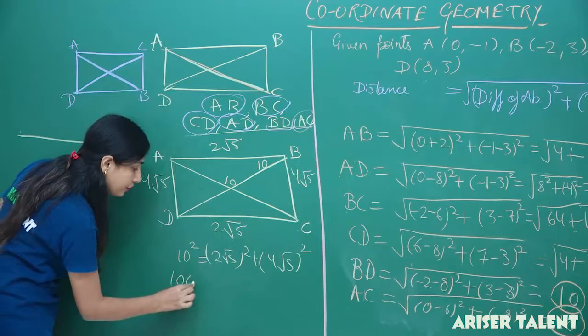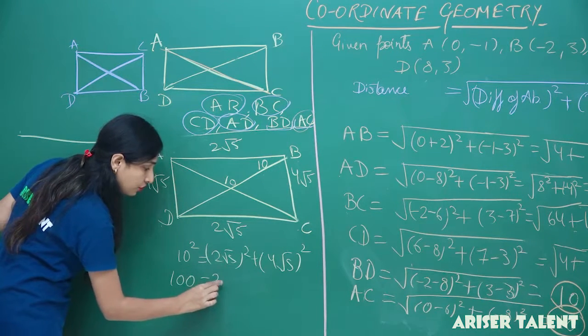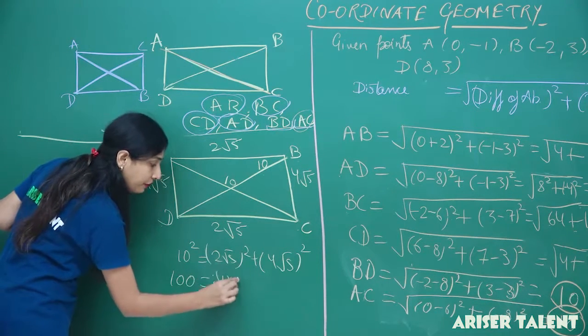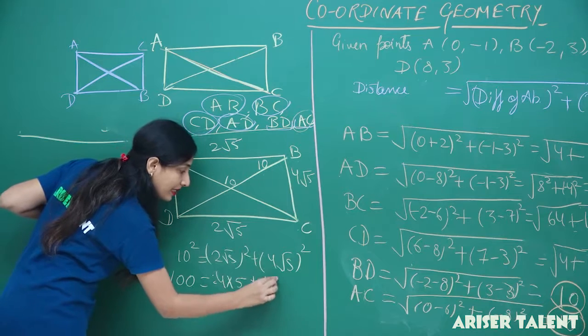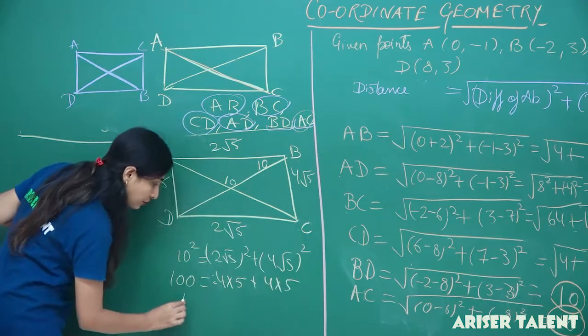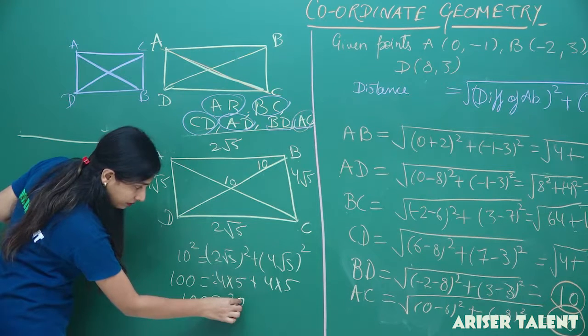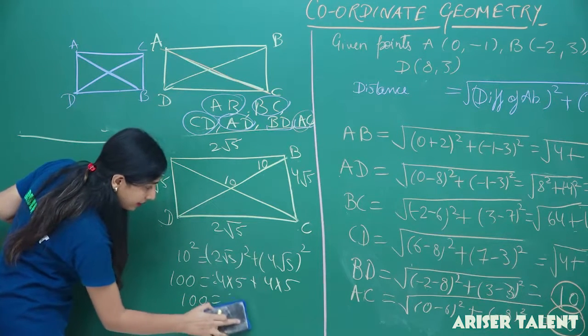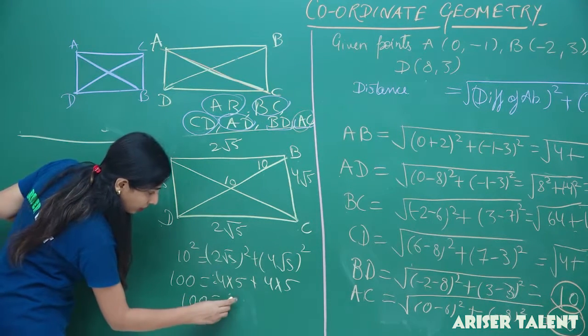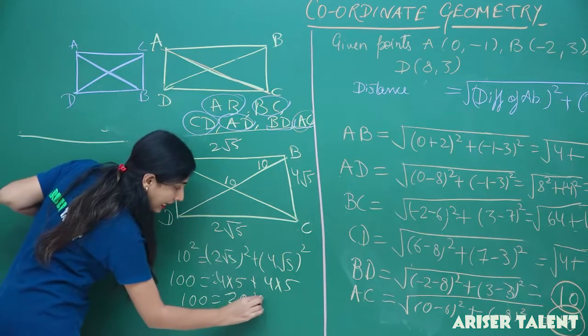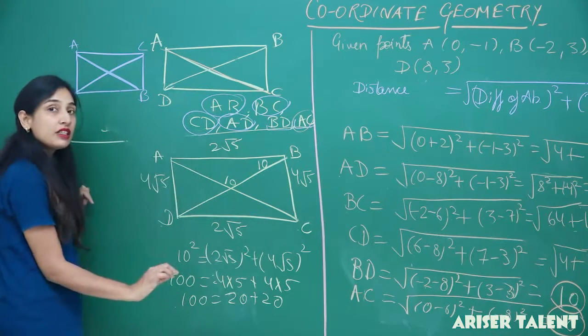So 100 should equal 20 plus 20. So it's not satisfying here.